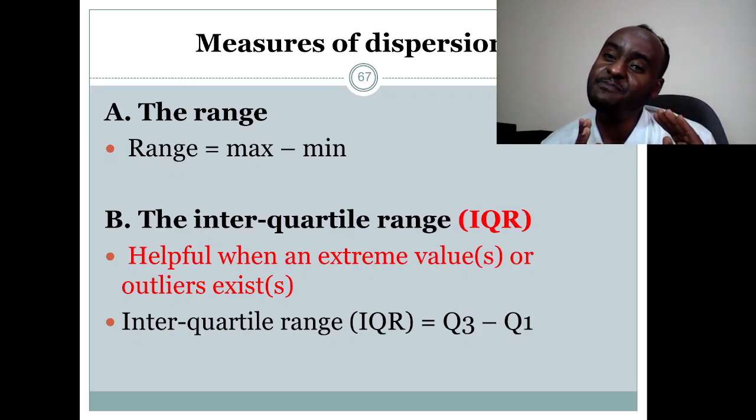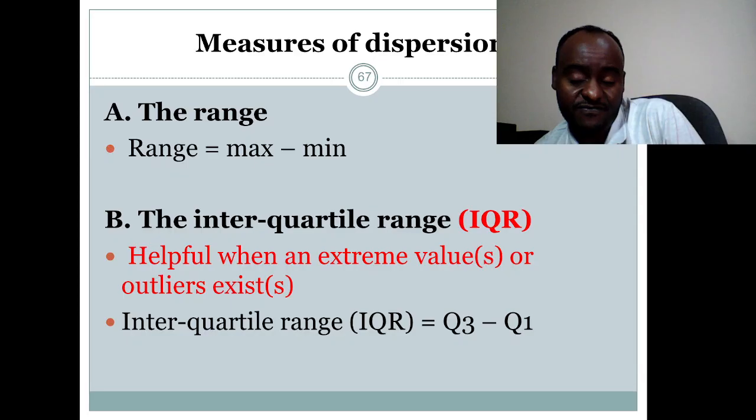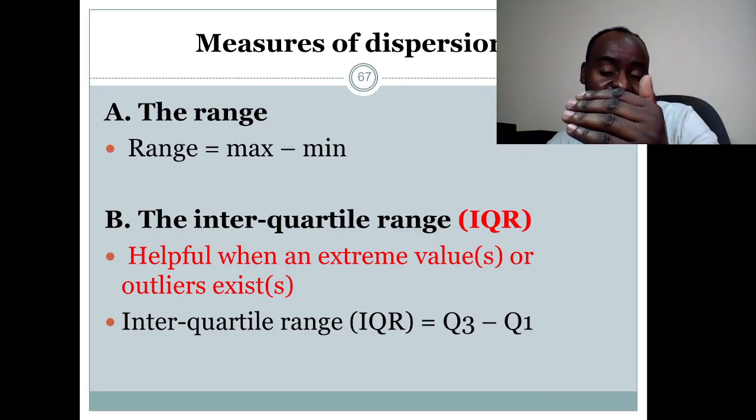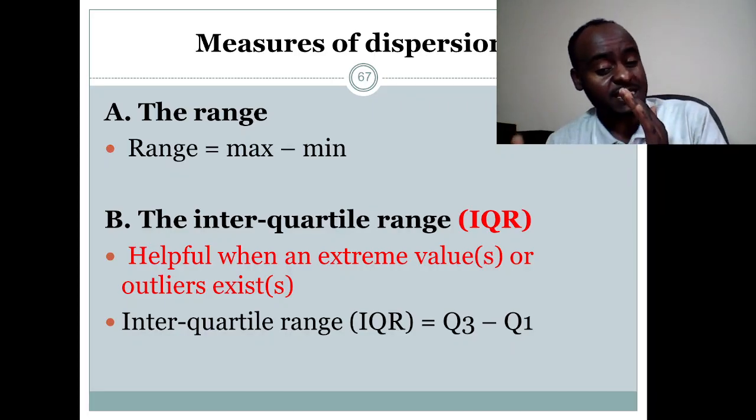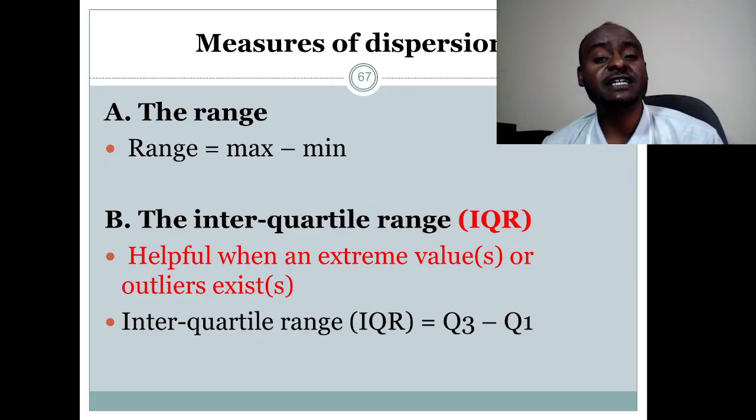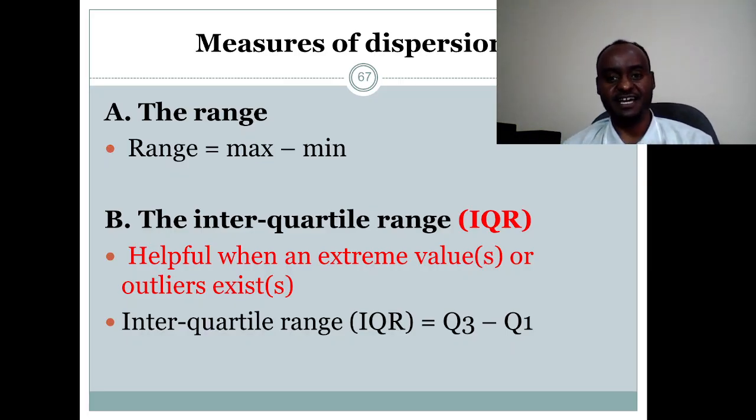Therefore, quartile number three is like below 75, and quartile number one is below 25, and therefore the interquartile range actually measures the dispersion or the variation of the middle 50%. It is the middle 50%.